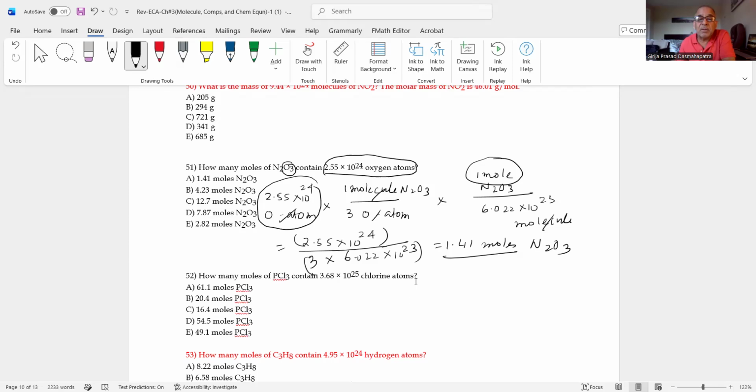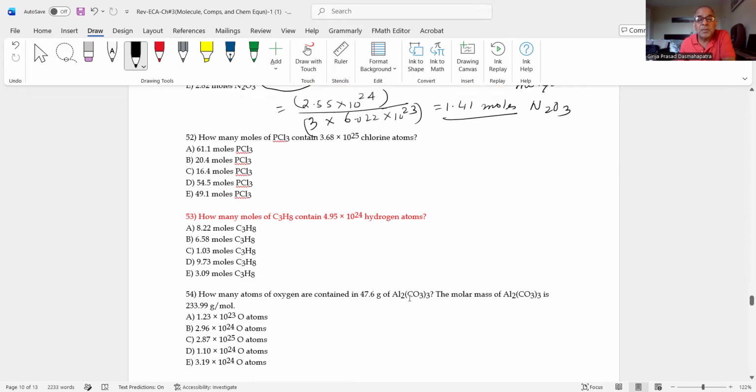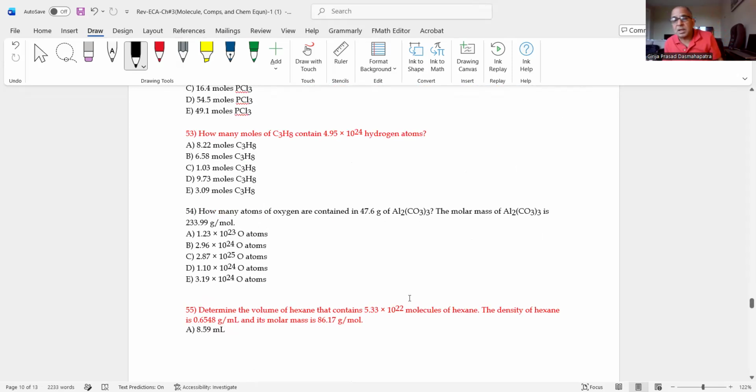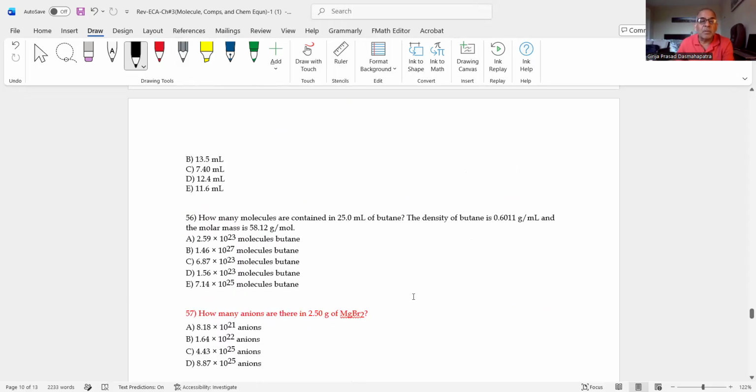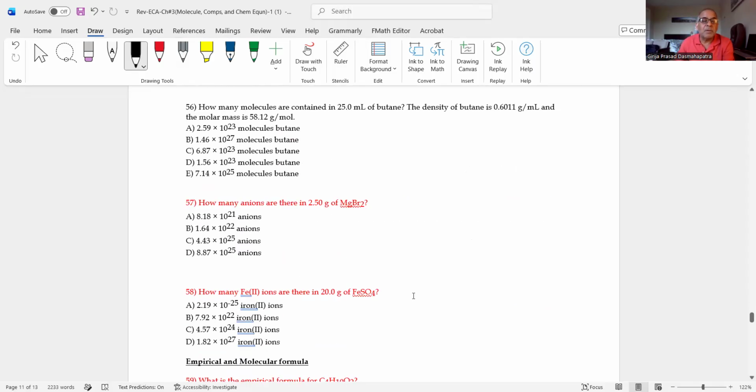So these are the kind of calculations you will be doing. And as I said, many times people get confused when they are converting grams to moles, moles to molecules, molecules to atoms. It needs a little bit of practice. So let me solve one more problem, a different type of problem, 57 and 58.